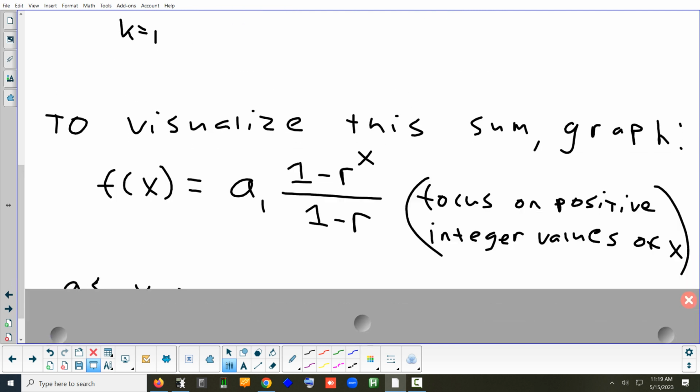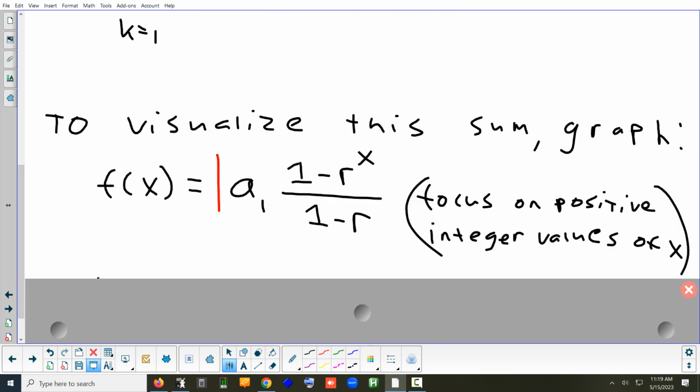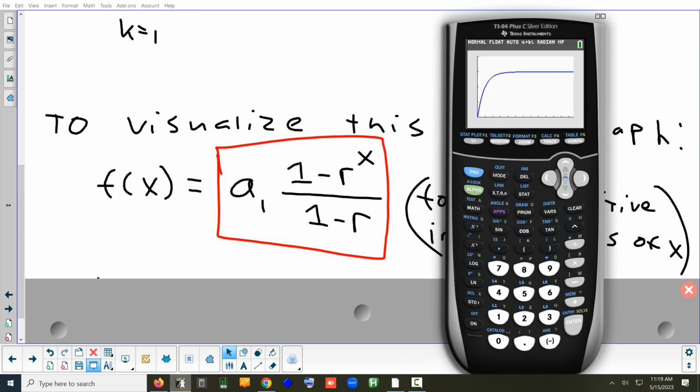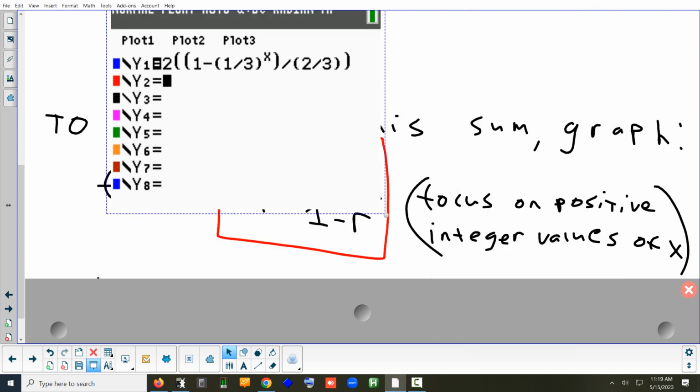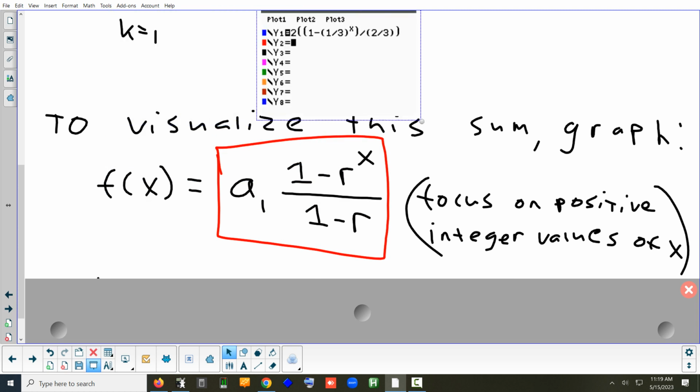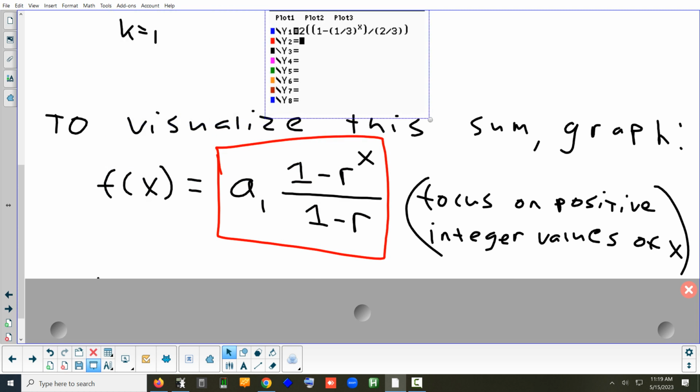All right, so to visualize that sum, this is how you graph it on the calculator. That's exactly the formula I typed in. If you want to see it, I can put that up so you can see it. That was the formula. And remember, when you look at your table or look at the picture, focus on the positive integer values for x.